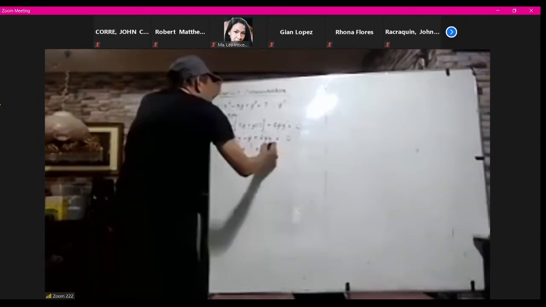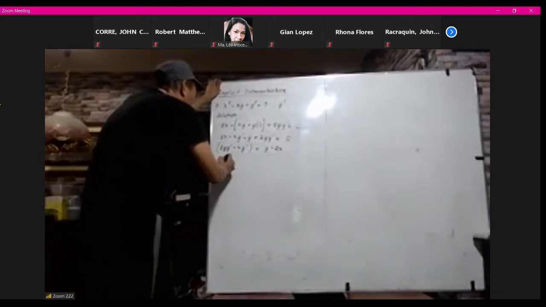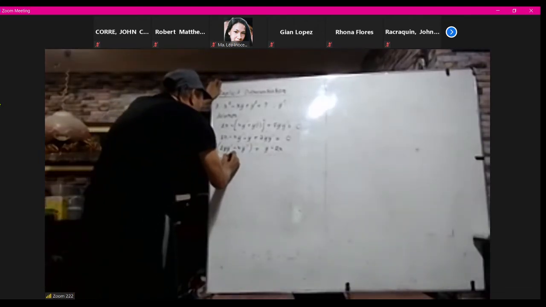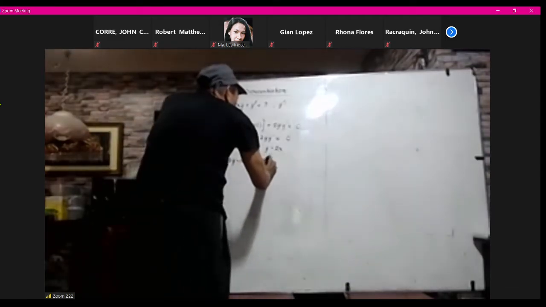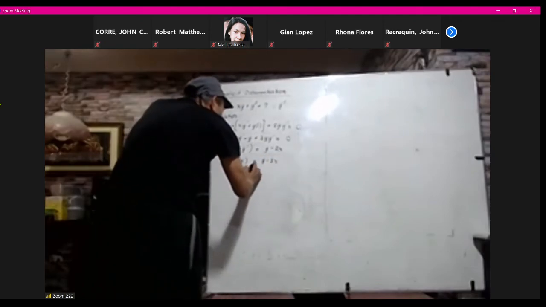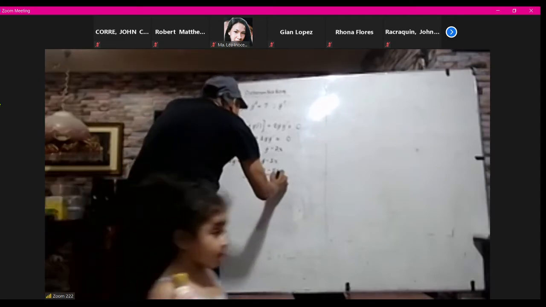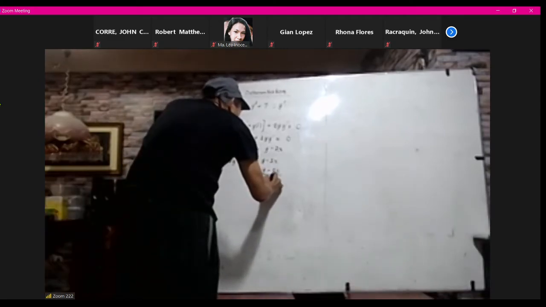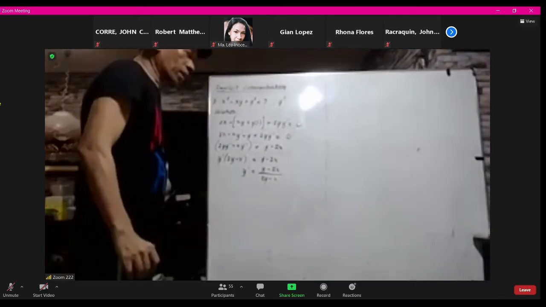Magiging positive ito minus 2x. Yan. So, kapag pinactor natin ito, magiging derivative of y, 2y minus x equals y minus 2x. So, solving for derivative of y equals y minus 2x over 2y minus x. Okay? So, ito ngayon yung first derivative natin.